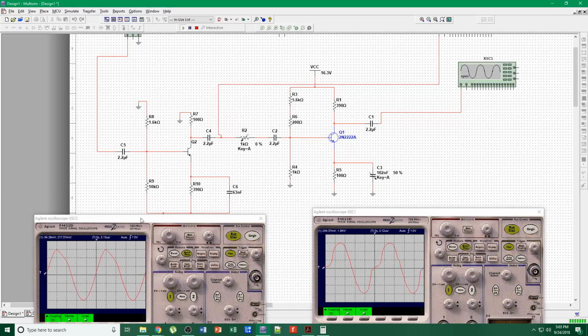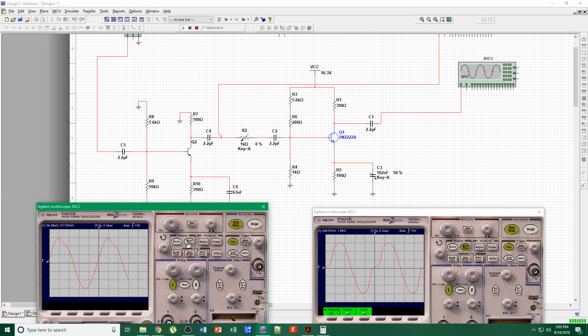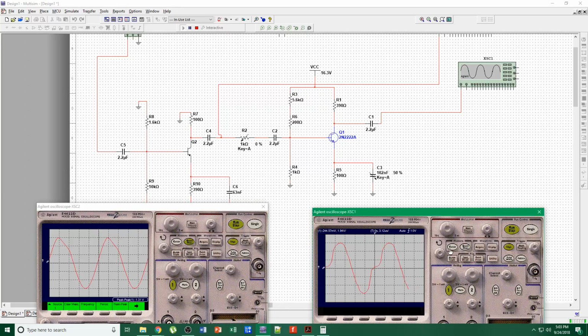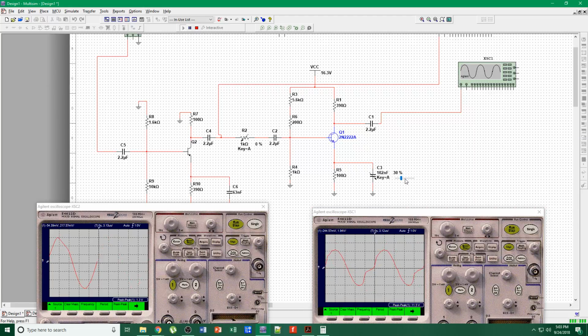So this is what we're getting. We're getting really nasty stuff. What happens if I increase this ever so slightly? By decreasing it here, the gain at the bottom doesn't increase, so I'm going to increase the gain a little slightly. 75%, 100%.